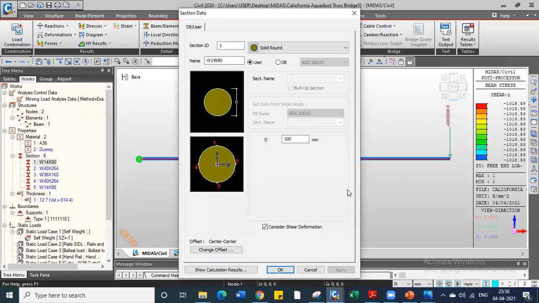Suppose this is a beam with a solid round cross section, that is a circular cross section.